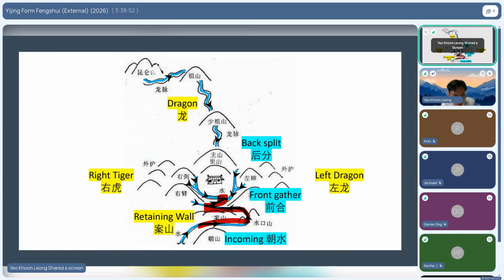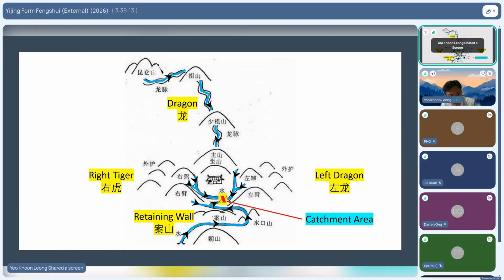That point is called the catchment area. But of course, in order for the incoming water to arrive at the front and stay there, we need a retaining wall, a retaining mountain to help gather it and stop it from flowing out. So this X point is what I call the catchment area. This is where qi gathers.